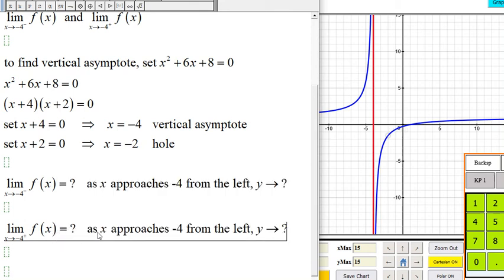And the same thing here, this reads as x approaches negative 4 from the right, and we want to know y approaches what number. So now let's take a look at the table of values so we can figure out where the y is going.